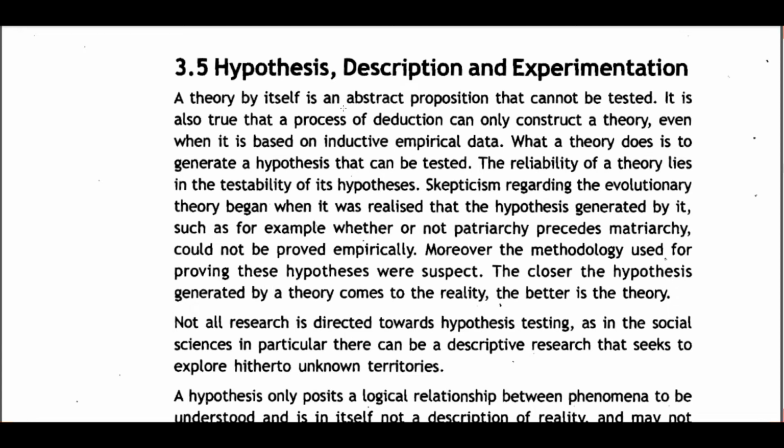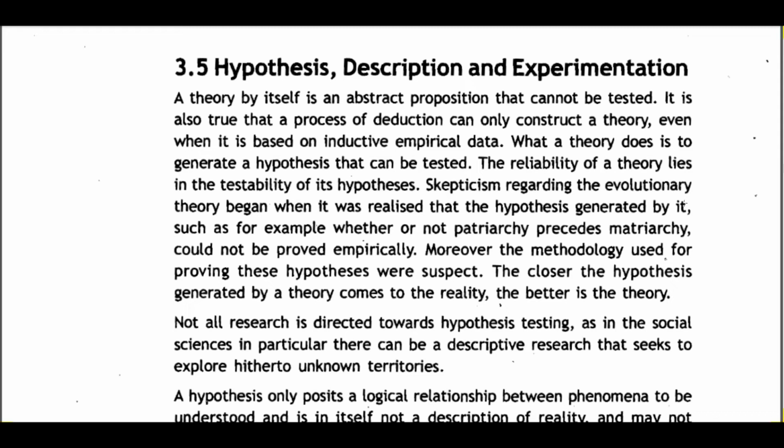A theory by itself is an abstract proposition that cannot be tested. It is also true that a process of deduction can only construct a theory. Even when it is based on inductive empirical data, what a theory does is to generate a hypothesis that can be tested. The reliability of a theory lies in the testability of its hypothesis.